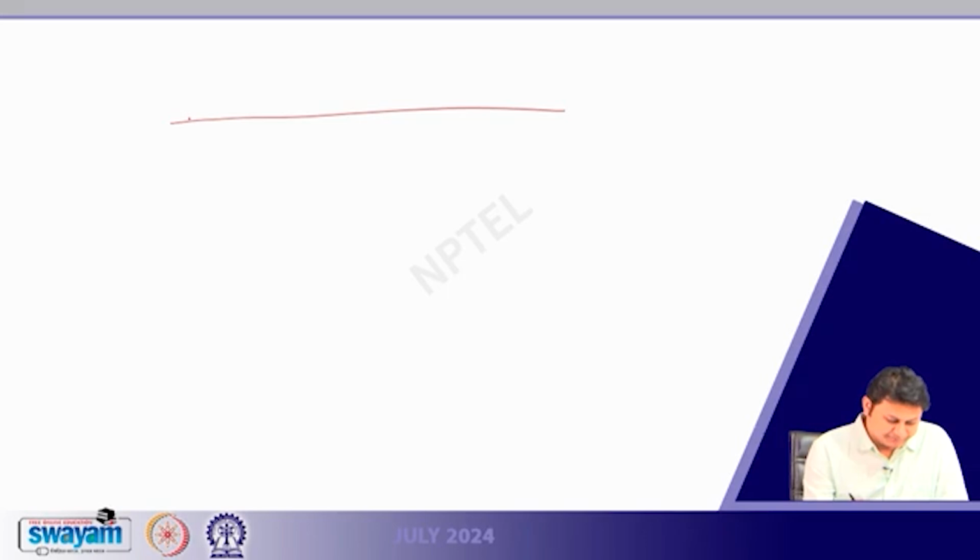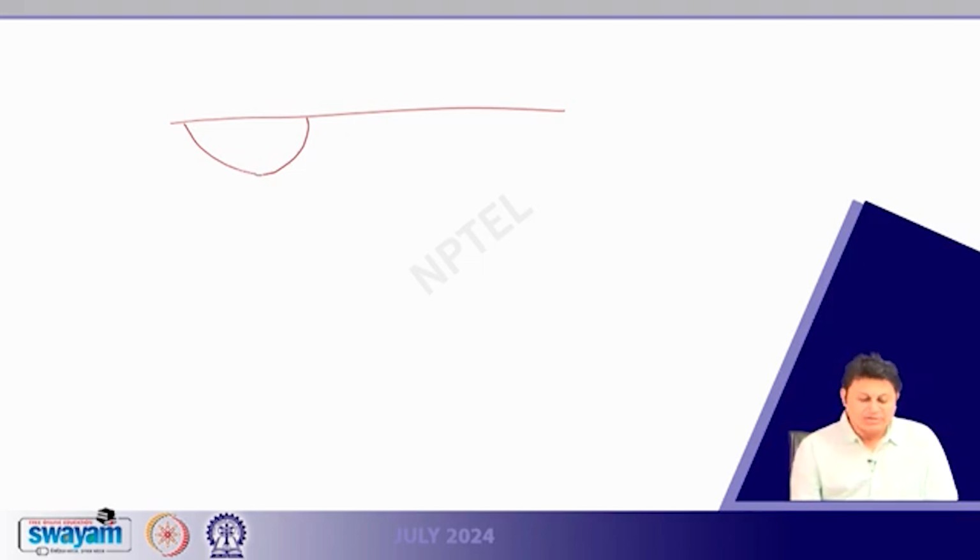This is a surface, and when the O ray falls inside the system, the velocity of the light is the same in all directions. So if I draw the velocity ellipsoid, it will be a circle actually.